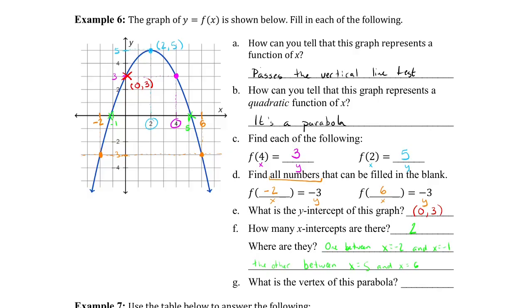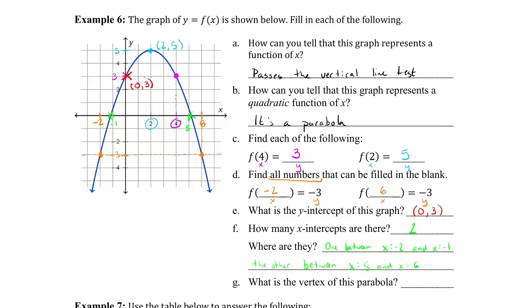Sometimes we get lucky, they happen on a neat grid line. And we will get techniques later that would let us find the actual x-coordinates to as many decimal places as we want. For now, though, just by looking, we can see that one of them is between x's -2 and -1. The other one is between x's 5 and 6.